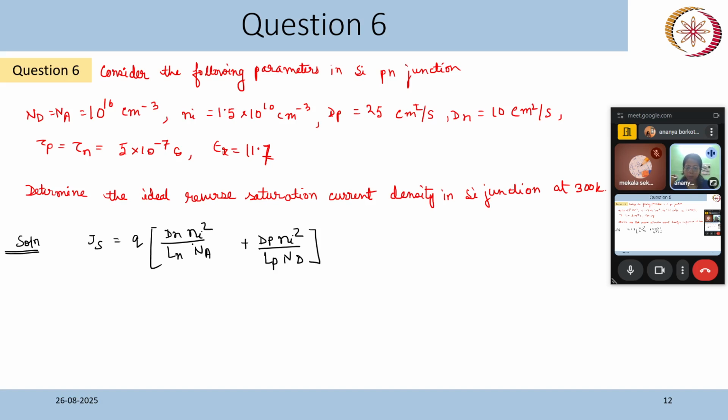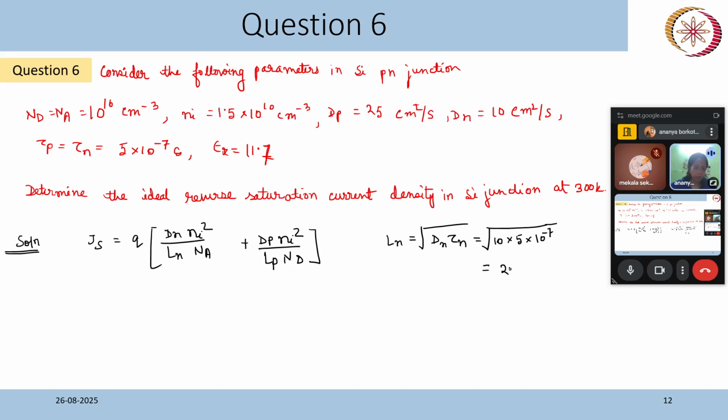So Dn and Dp are given, ni is given, NA and ND are given, LN and LP we have to calculate. So LN, how do we calculate it? It is square root of Dn times tau n. What is Dn? 10 into 5 into 10 to the power minus 7. Write it in centimeter, everything is given in centimeter.